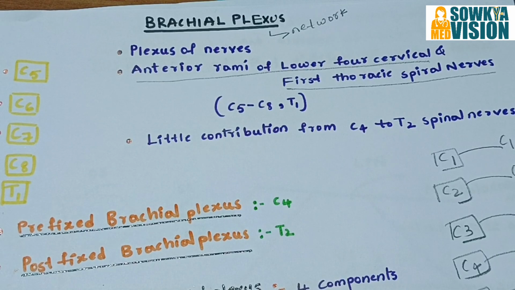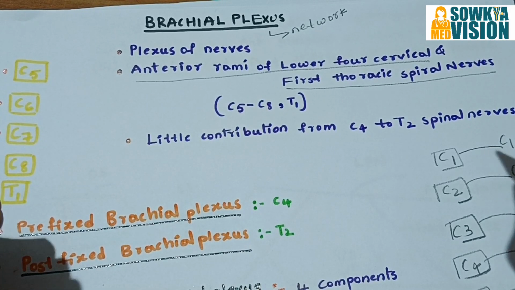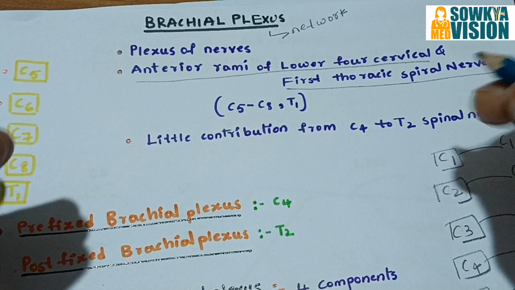The plexus formed from the spinal nerves, for example the cervical plexus. There are cervical vertebra, thoracic vertebra, lumbar vertebra and sacral vertebra, right? So from spinal segment nerves, plexuses are formed. From cervical there is the cervical plexus. From thoracic there is no formation of plexus because these spinal nerves supply the viscera.